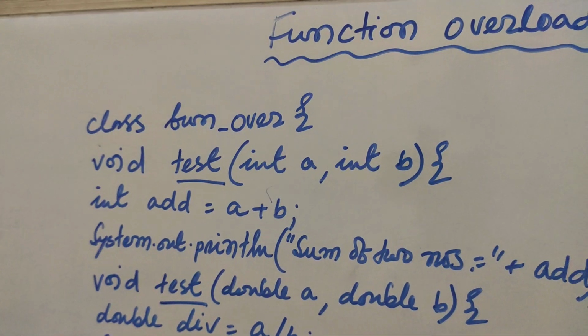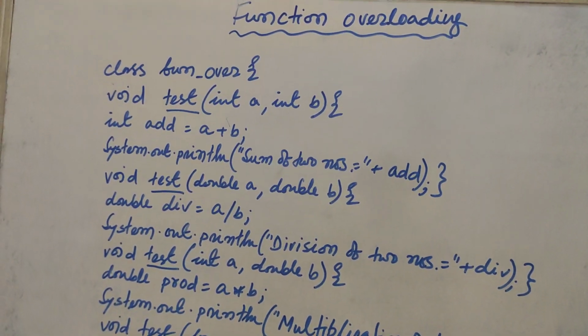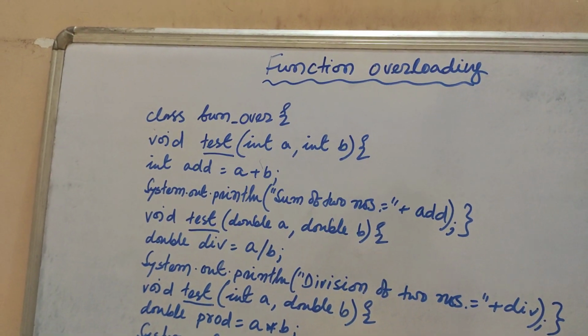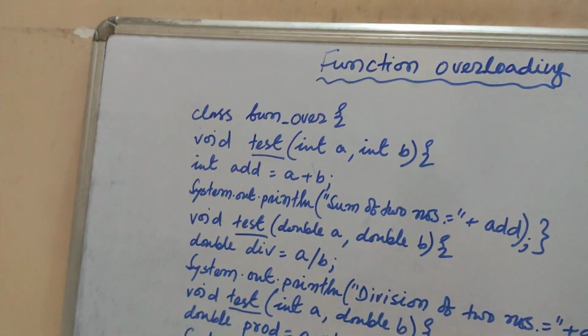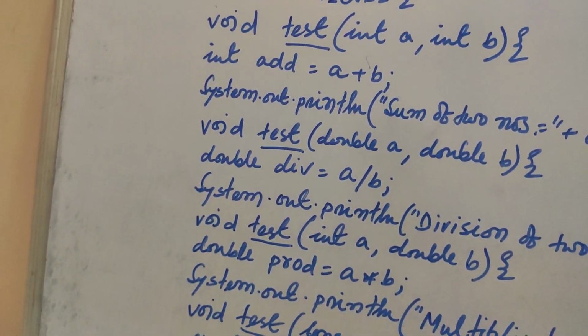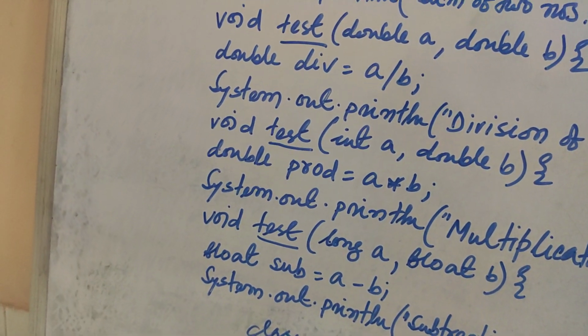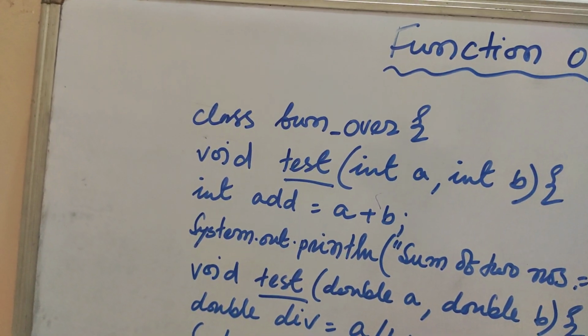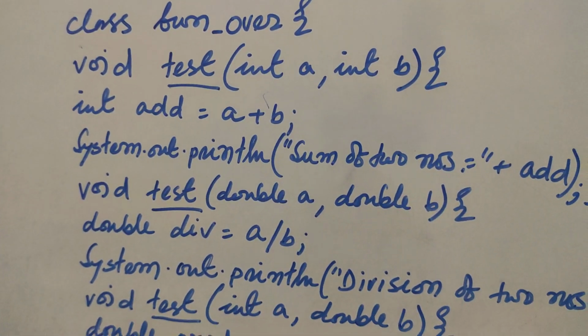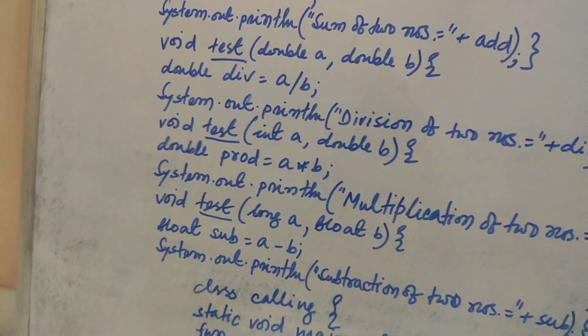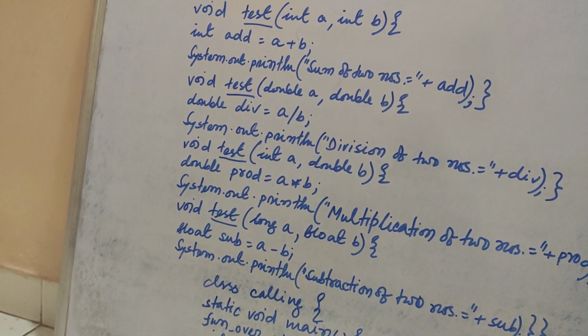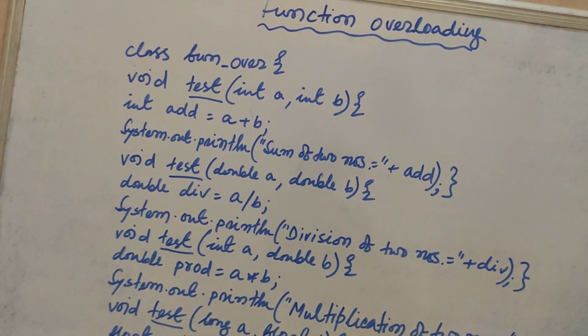Now see function overloading according to the definition: when you use two or more functions with the same name but different from the class name and their parameter declarations are different, then that is called function overloading. That was with one example.